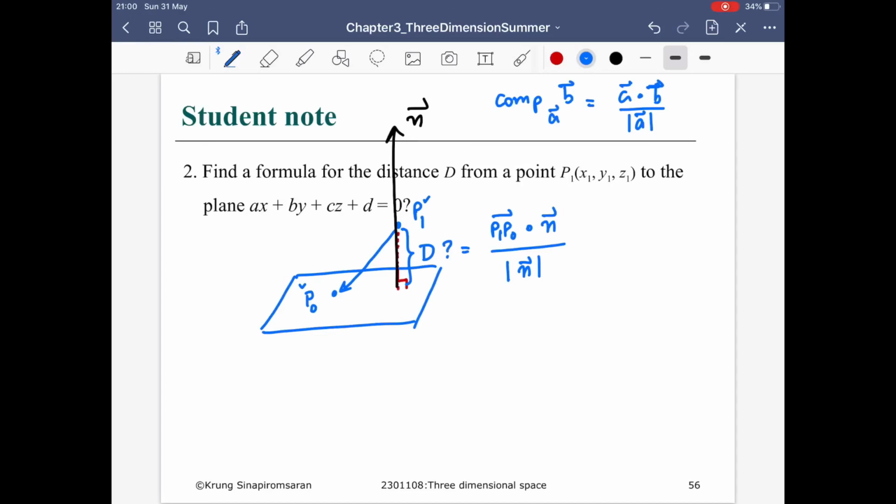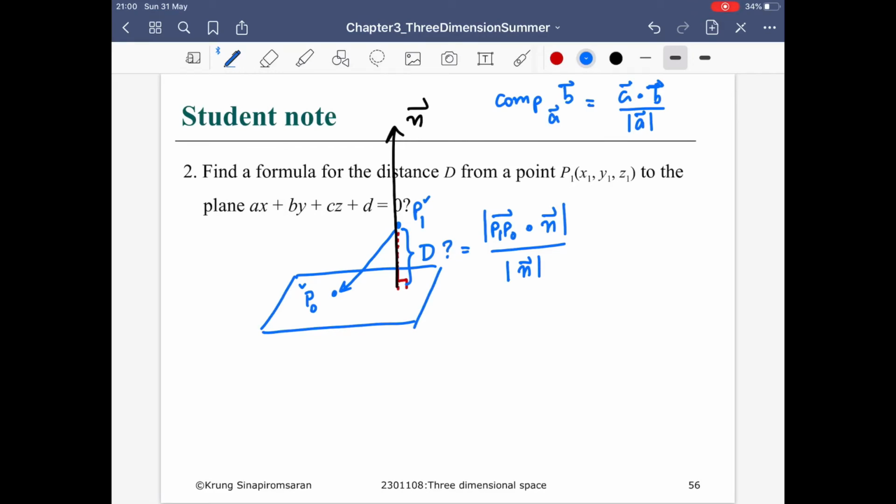However, don't forget that your dot product may sometimes be negative, so to always get a positive value, because you need a distance, you just take the absolute value. So what will be this one?